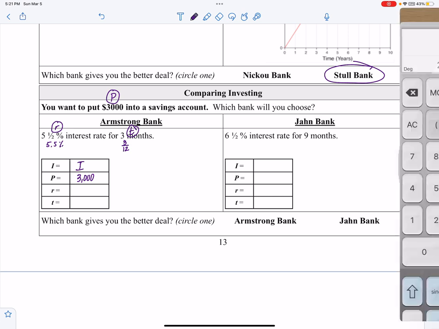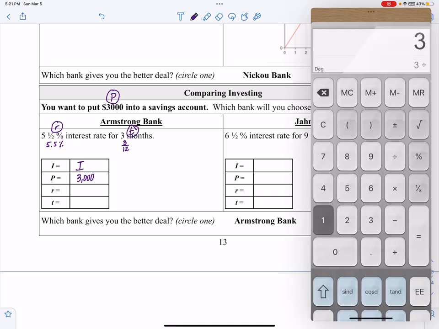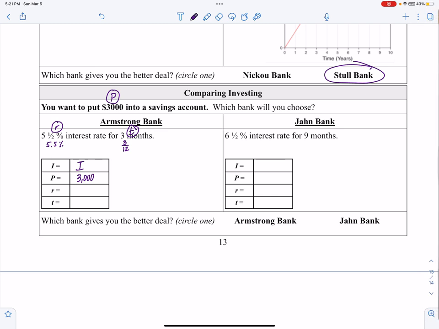So we're going to use 3/12, and 3 divided by 12 is 0.25. So this is 0.25 years. Okay. If you put 3 in there, the formula is going to behave like it's 3 years, and so it would be incorrect. So we have 0.25 years, and I always write the unit just to make sure I remind myself that I'm doing that right.